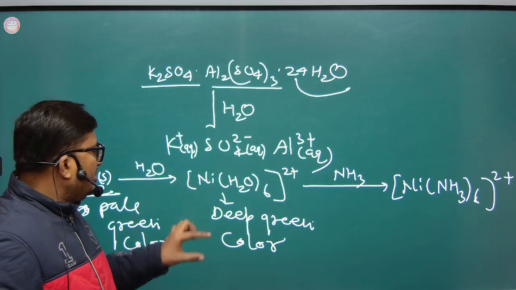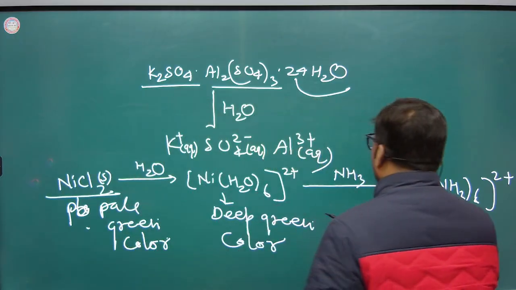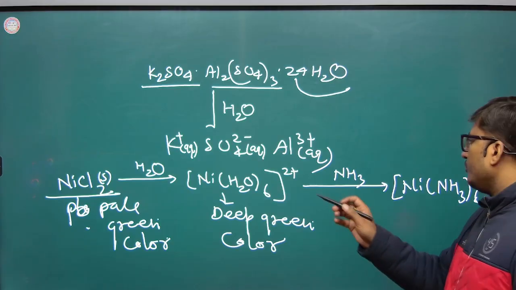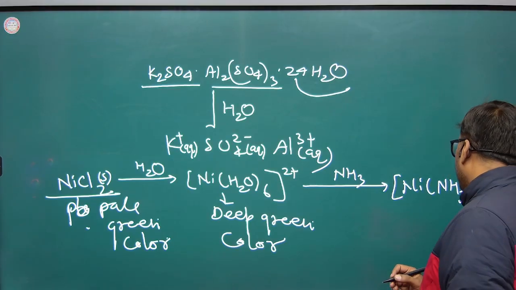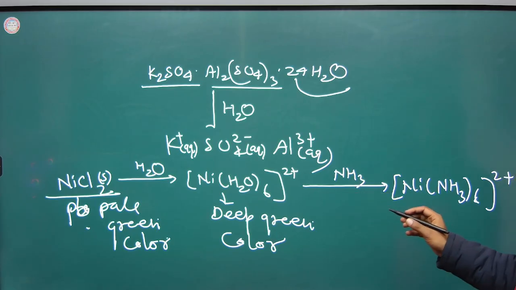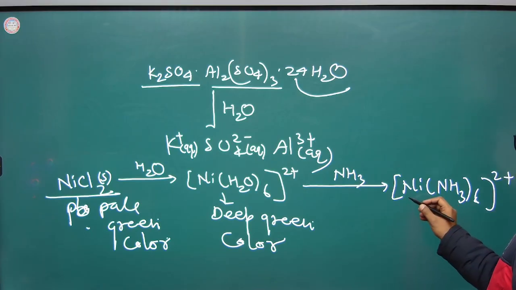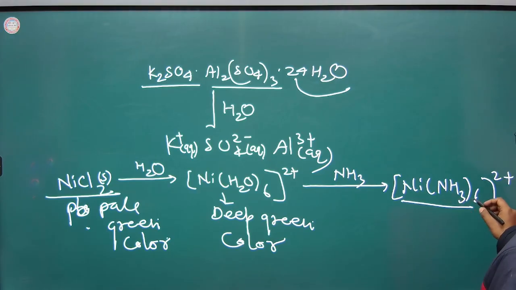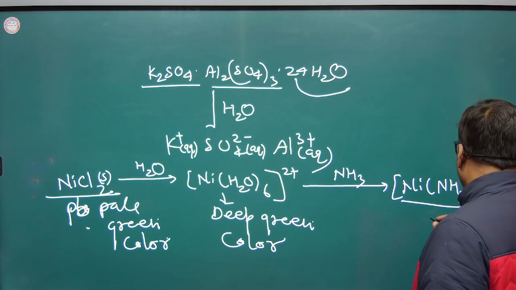Its color changes from pale green to deep green, and in this compound, if you add ammonia in the liquid phase, what happens? The water molecules are replaced by ammonia, and ammonia molecules enter the coordination sphere. This is the structure Ni(NH3)6 2+. Now this compound shows a very good blue color.